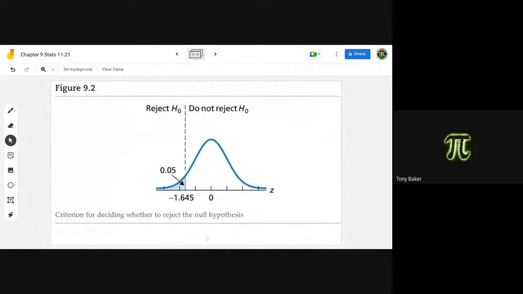So if it falls outside of whatever my Z-score cutoff was, in this case negative 1.65, so it was down here, we're rejecting his claim.